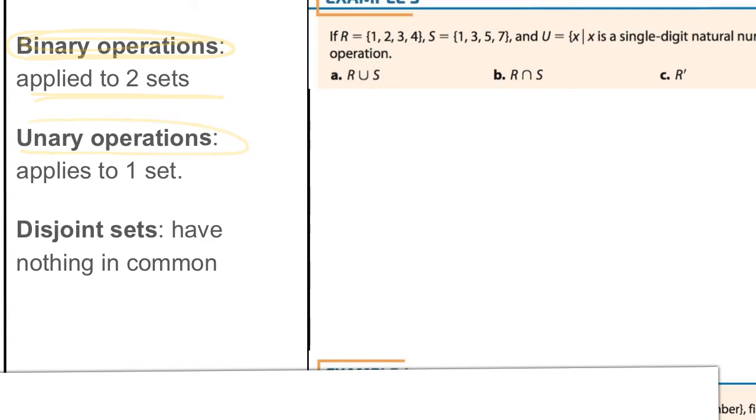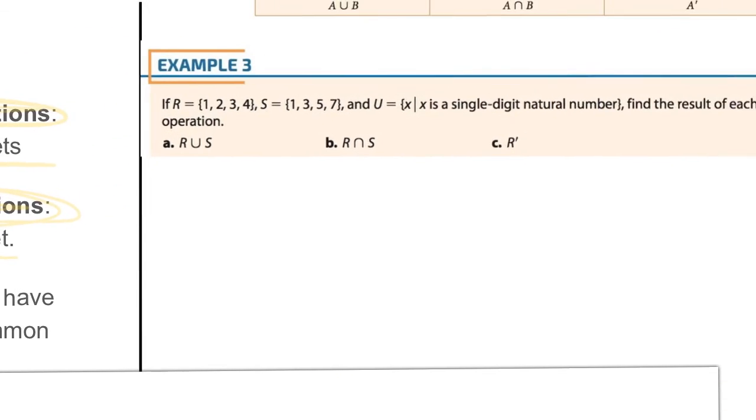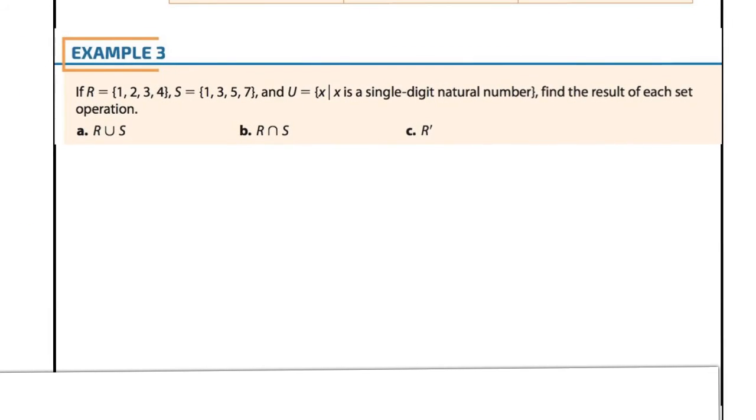A unary operation, uni meaning one, is applied to one set. And disjoint sets are two sets that have nothing in common. They don't overlap. Aliens and humans, we don't overlap, right? Hopefully we don't have any aliens who are humans. Okay, so let's look at example 3.